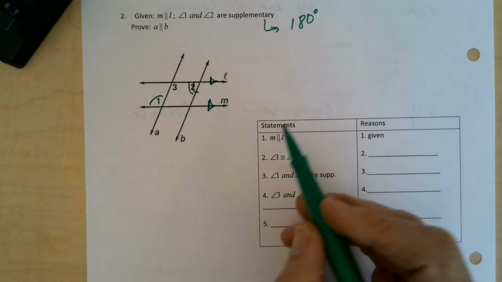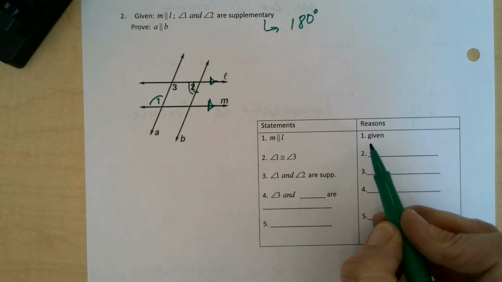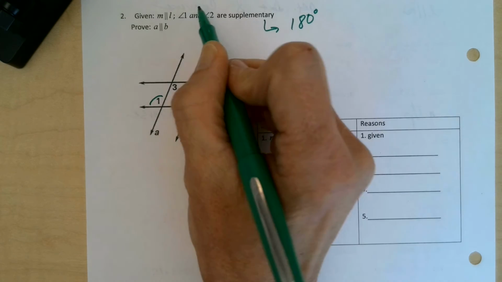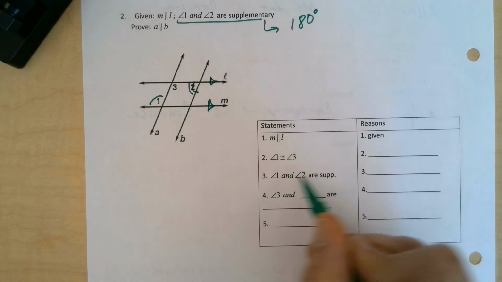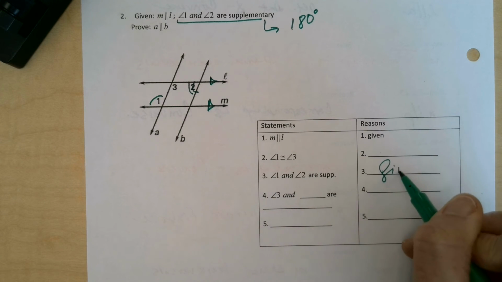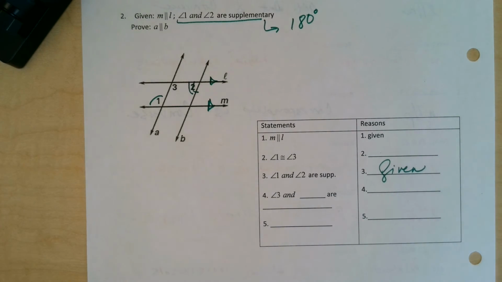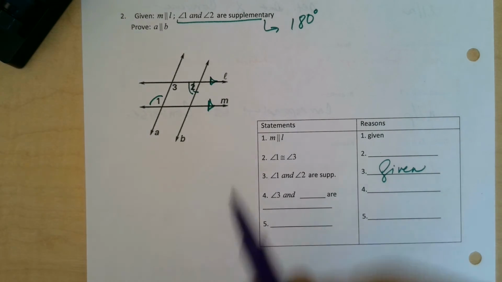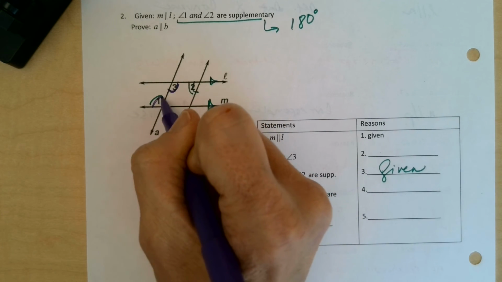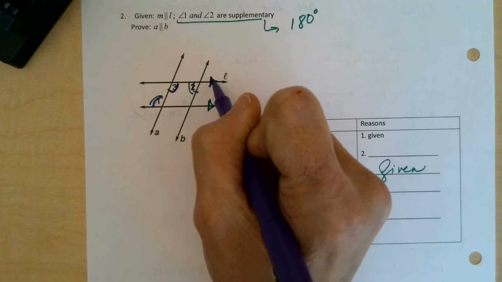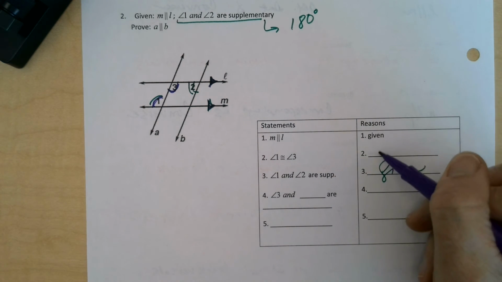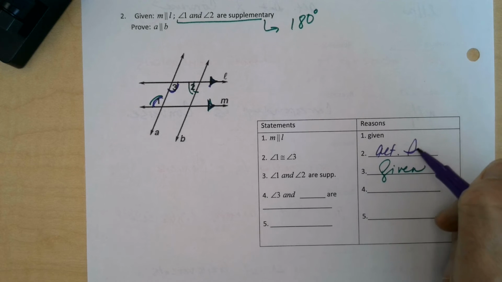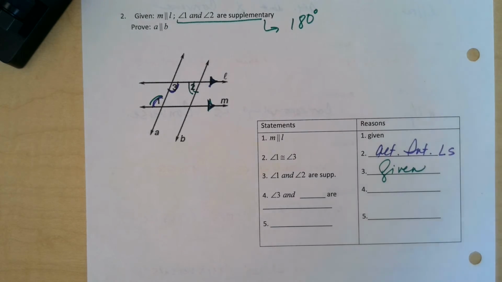First of all, M and L are given to us. Here's this second part. Notice it doesn't come down until, again, the end. Whether I list it all at one time or separately, it doesn't matter. I know that 1 and 3 are congruent because these lines are parallel and 1 and 3 are alternate interior angles.